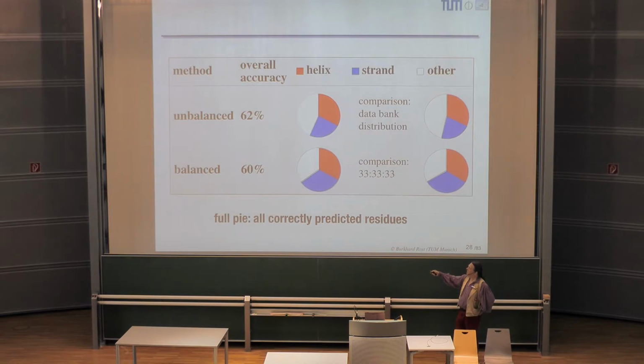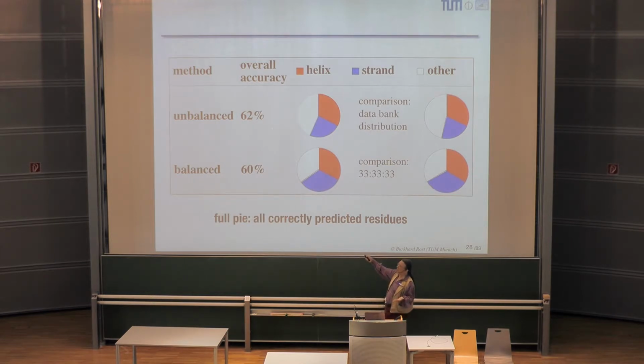There's one downside to that story. Now the overall accuracy drops. This is simply because now I have forced the system to predict strands as accurately as everything else, because there are fewer strands in the database. That means my overall accuracy has dropped.